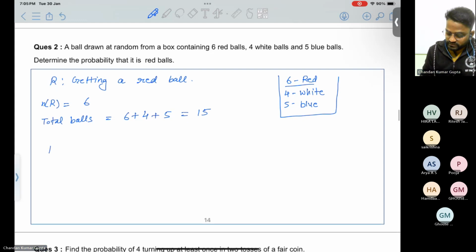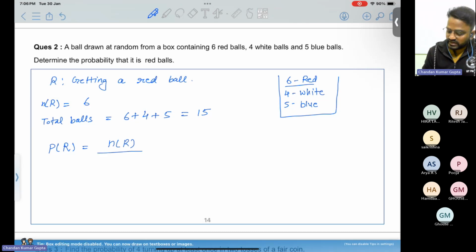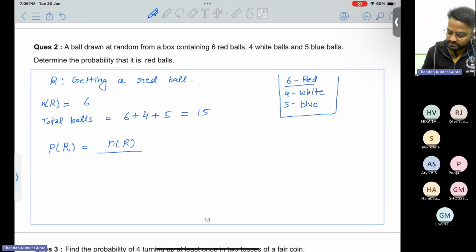And the probability of getting a red ball is the number of red balls, which is in our favor, over the total number of balls, which is equal to 6 upon 15.